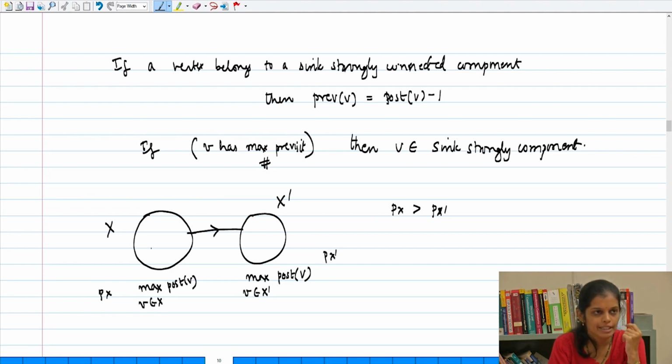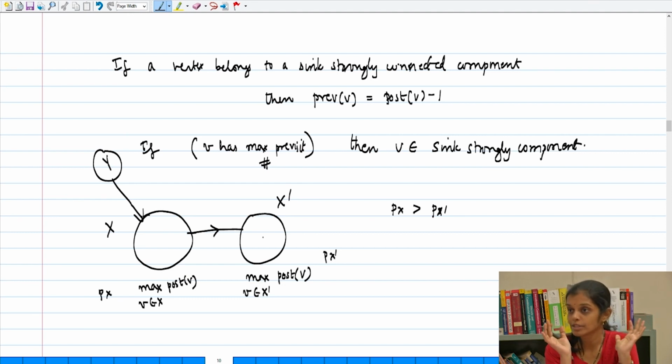It need not be that x is a source strongly connected component, or maybe there is another component Y which has an edge to x. But then you know that Y will have a max post visit number which is larger than the max post visit number of x, which will in turn be larger than the max post visit number of x prime. And you can keep going like this, but you already know that there must be a source strongly connected component, in fact multiple source strongly connected components.